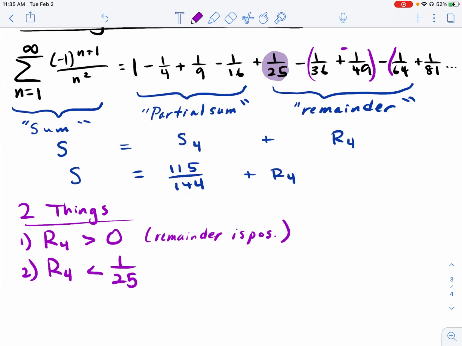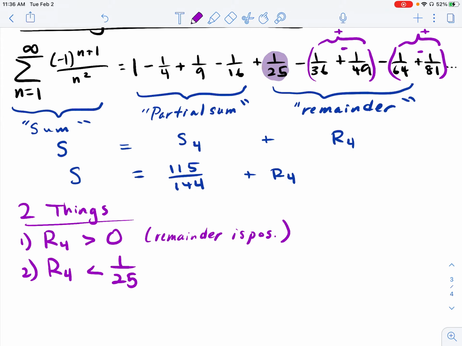So again, to group that together and make this term negative, think about what's happening here. I am subtracting this entire grouping, 1 over 36 minus 1 over 49, and all of this is going to be positive. So I'm subtracting a bunch of positive values from 1 over 25.